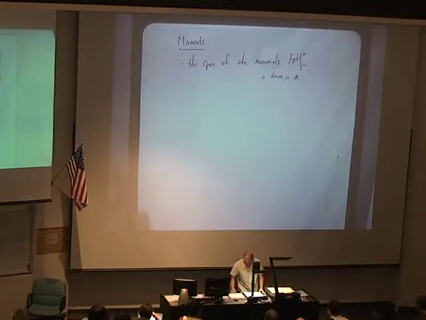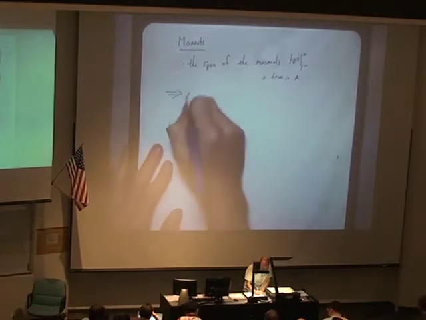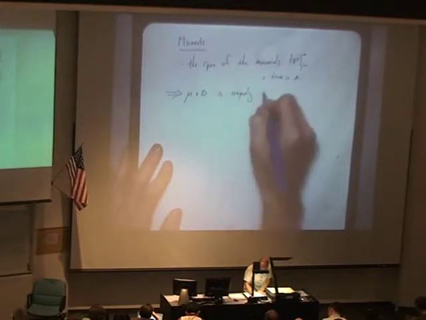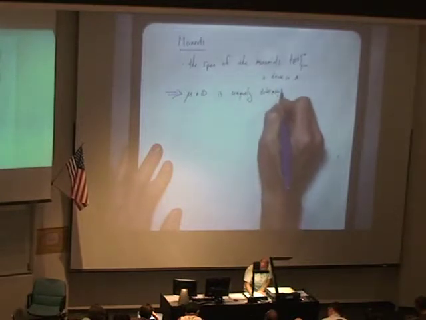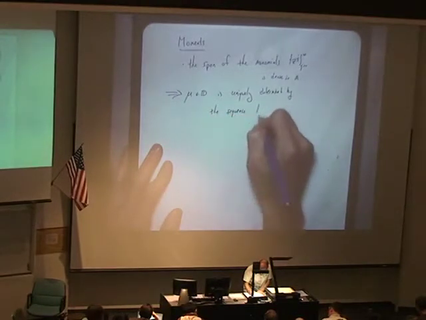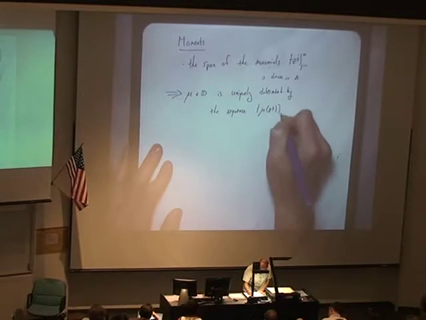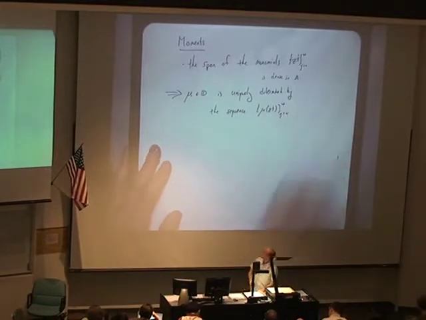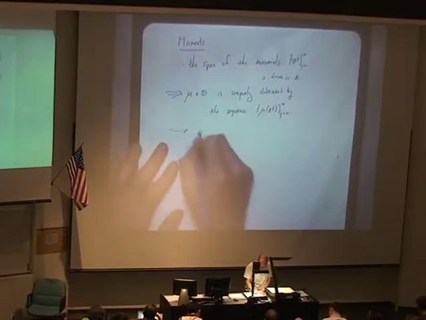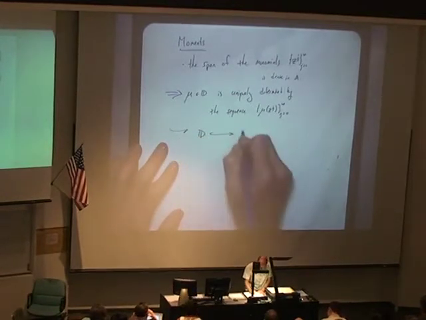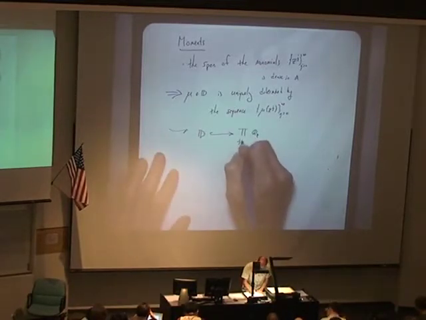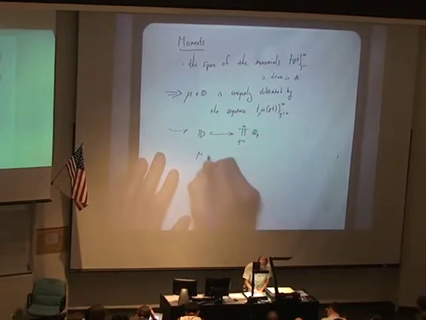So this means mu in D is uniquely determined by the sequence mu of z^j, as j goes up through all the terms. And so then I get a map. D embeds into the product of all the QPs over all j, one slot for each moment. So this is just rewriting it.